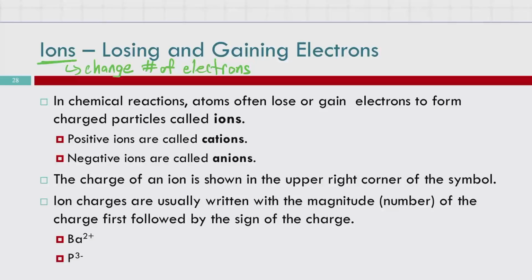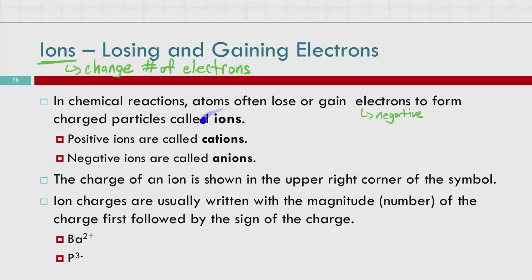So in chemical reactions, it's common for atoms to lose or gain electrons. What charge do electrons have? Negative charge. So it's common to gain or lose electrons which have negative charge. When that happens, we make charged particles, positively charged if they lose electrons, negatively charged if they gain electrons.